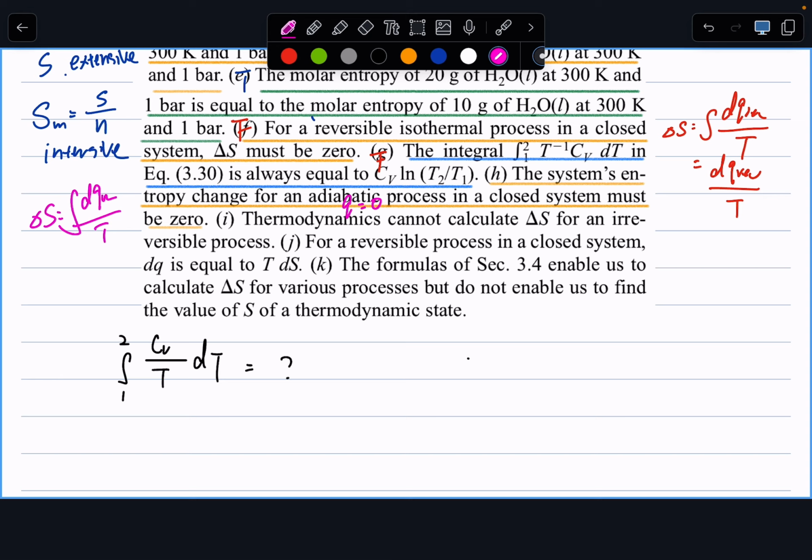But we don't know whether or not the process is reversible, so the dq reversible is not necessarily 0. Hence, this is a false statement. We can make it a true statement by specifying it being a reversible adiabatic process.